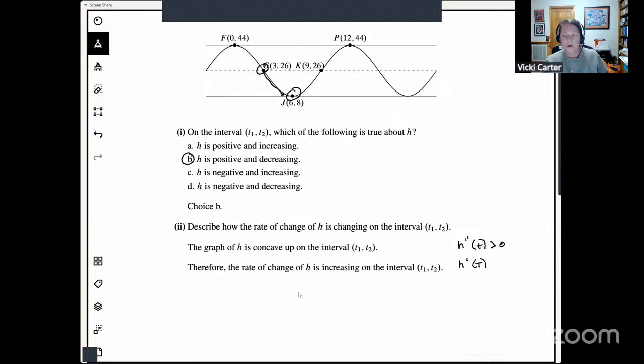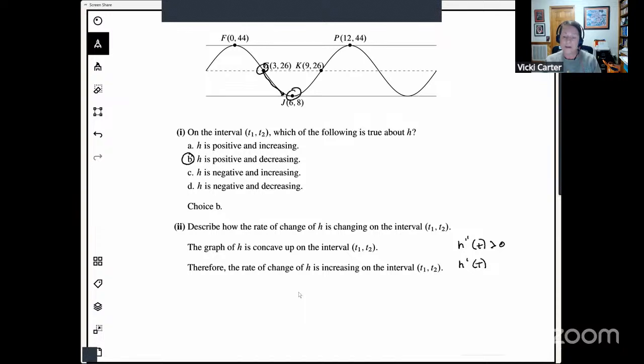So it's questions that you've already had access to. The way the new one in the Blue Book is worded is, on the interval from T1 to T2, describe the concavity of the graph of H and determine whether the rate of change of h is increasing or decreasing. These wording changes supposedly are to help students be very focused and know exactly what they've got to say.